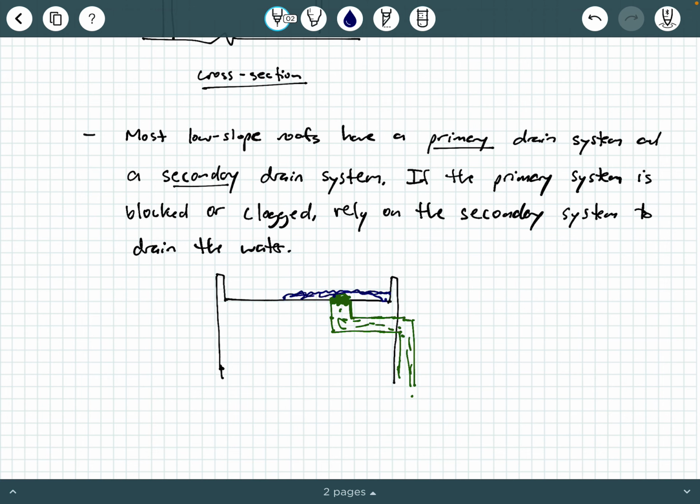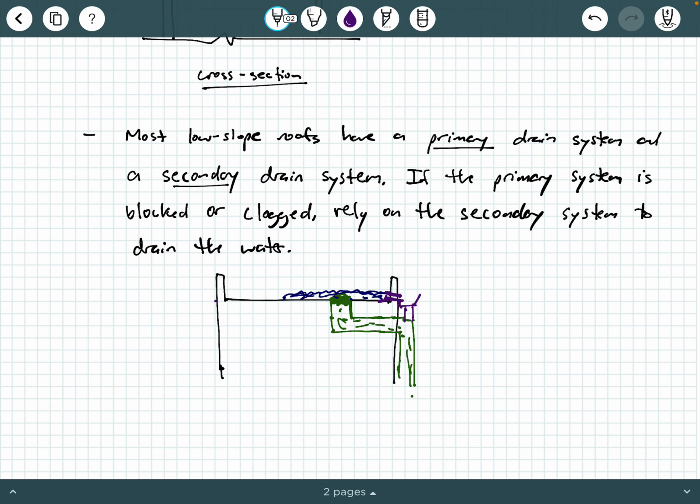Here, okay? So typically you also have secondary systems, which are typically around the perimeter of your structure, that allow drainage in case the primary system is blocked. So a secondary system may look something like this. It looks like a little slot in the perimeter in the parapet, and it could transition to a little scupper here, which drains out.